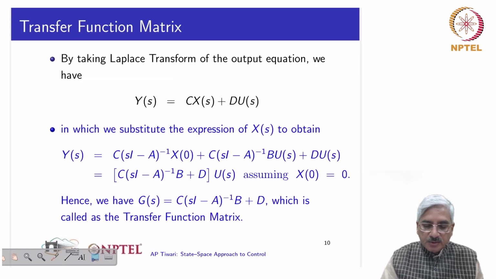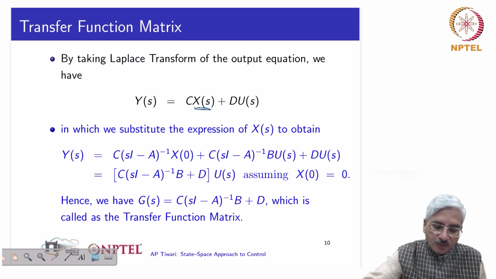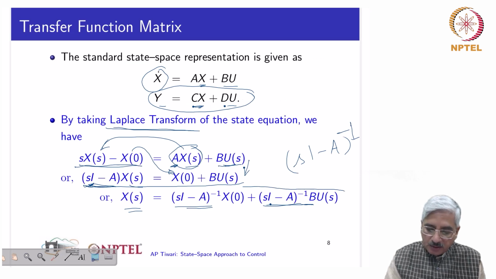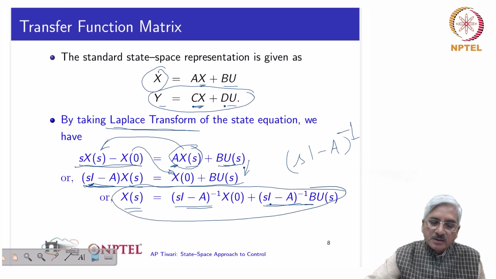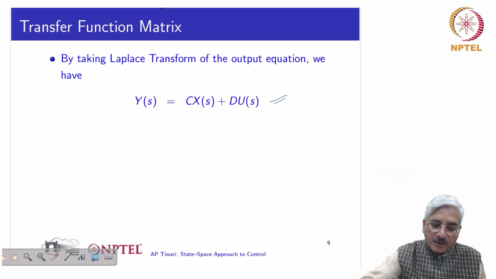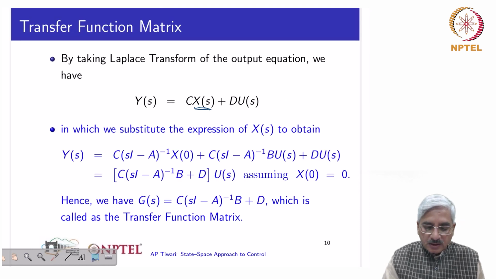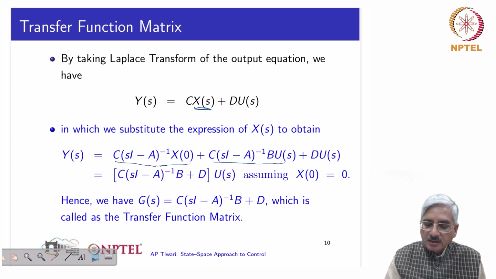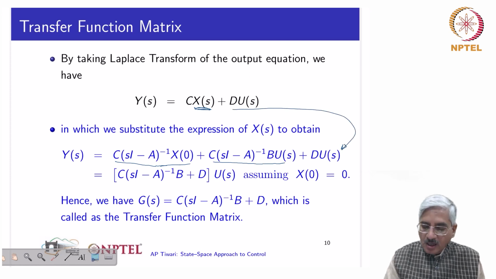Now we substitute in place of X(s) the expression which we derived earlier, and it will yield Y(s) equal to C (sI minus A) inverse x0 plus C (sI minus A) inverse BU(s) plus DU(s).